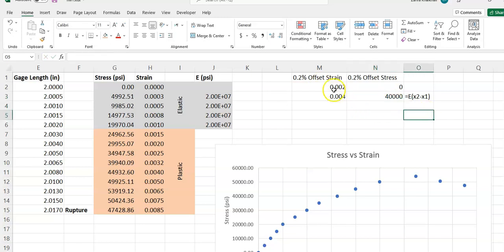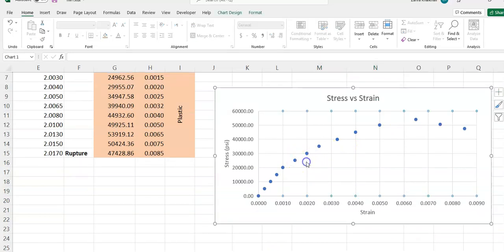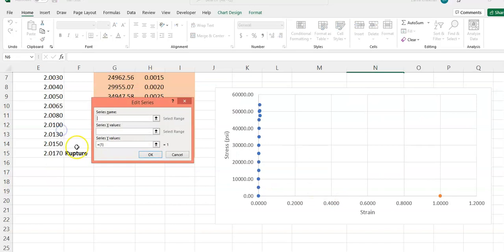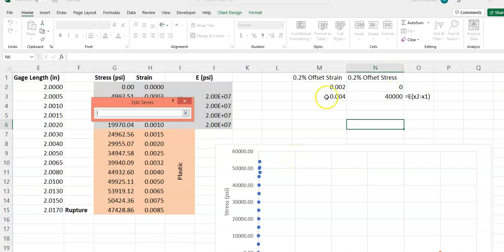Now let's plot these 2 points. I'm going to add a series to this plot. Select data, add, offset. For x values, let's select these 2 points. For y values, let's select the y coordinates.